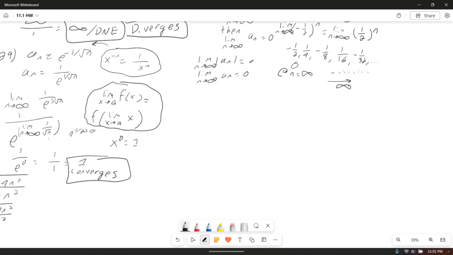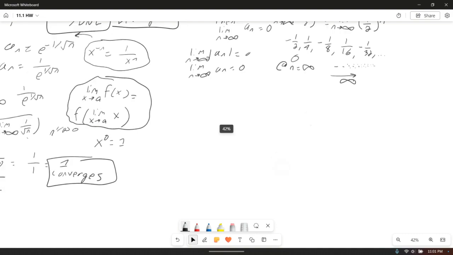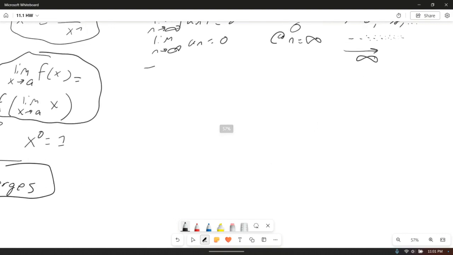I'm going to skip 33 and go to 35, because this is the rule that I mentioned earlier.